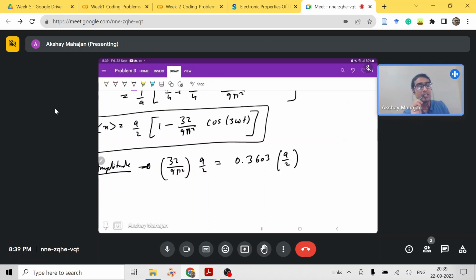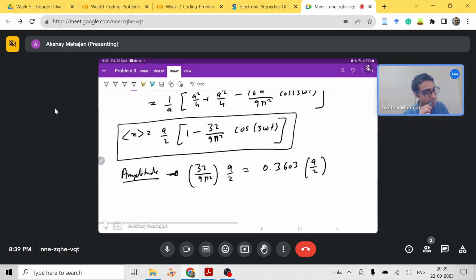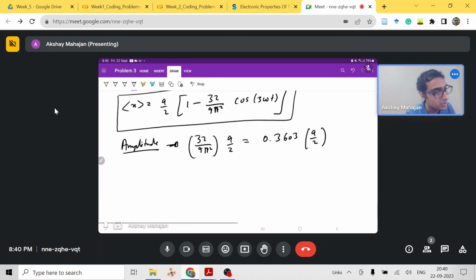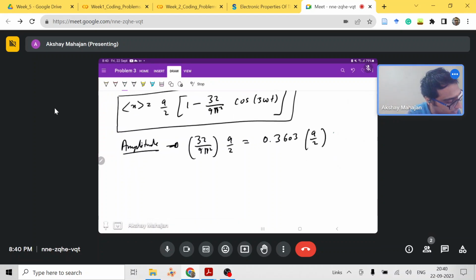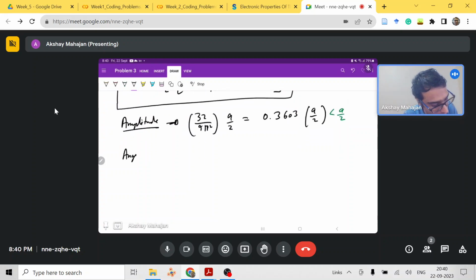So here we can see that our amplitude is less than a by 2, so we don't have to go to jail, as given in the Griffiths book.